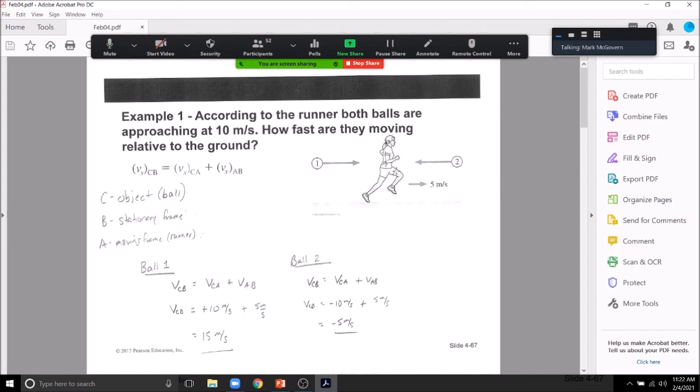They're approaching each other. When two objects are approaching each other, it's going to give the appearance that it moves faster than it does relative to the ground. So they see 10, but we see 5. And that extra 5 is due to them moving toward it. So the distance between the two objects gets closer and closer.